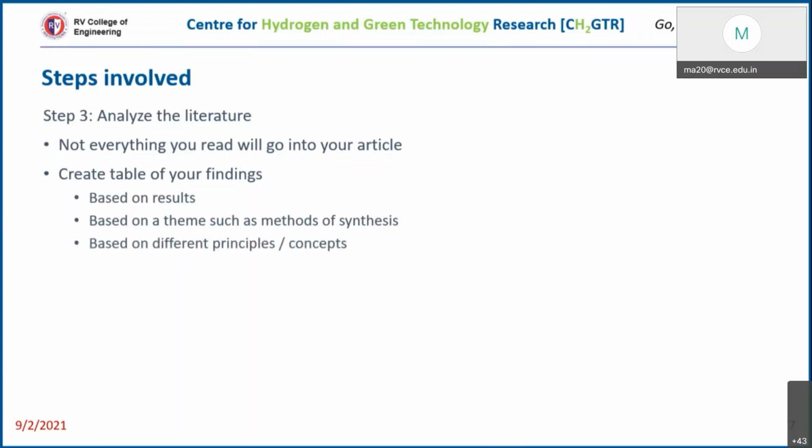It could also be on the basis of different concepts or different principles. Like that, you segregate the information and create the table. That's how you analyze the information that you have collected.